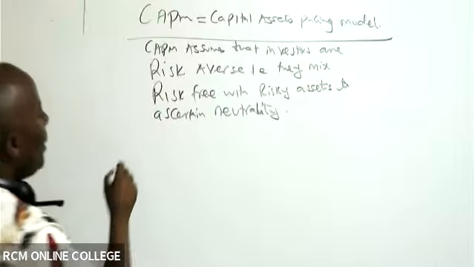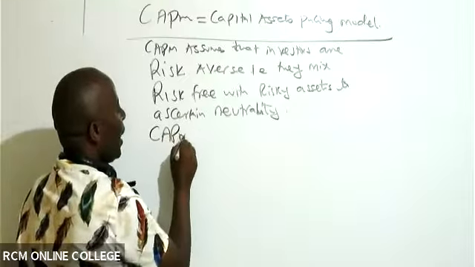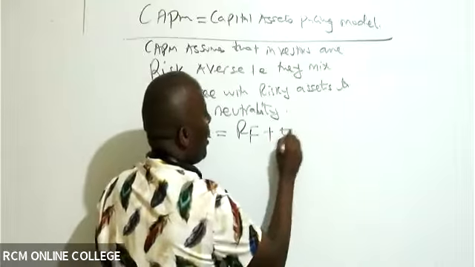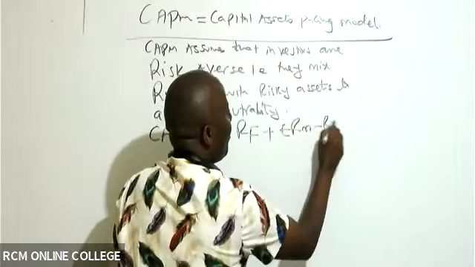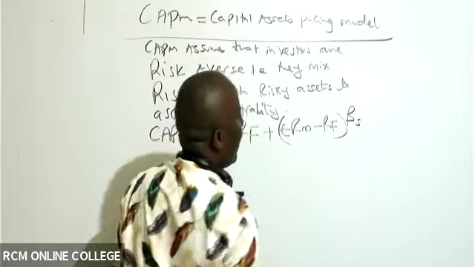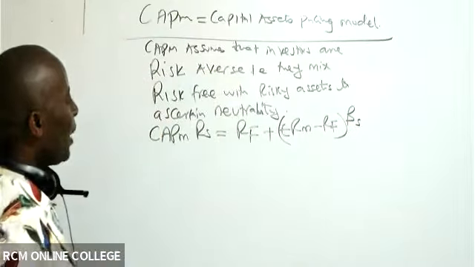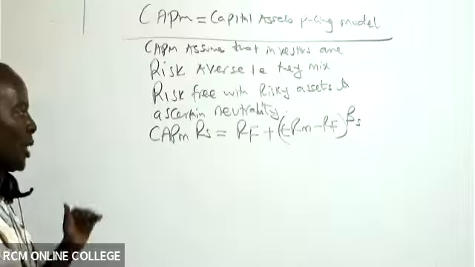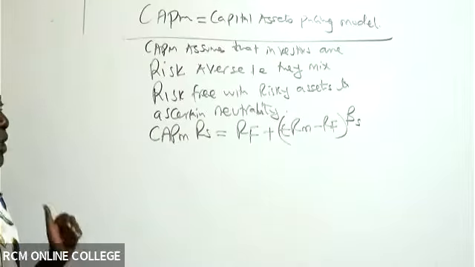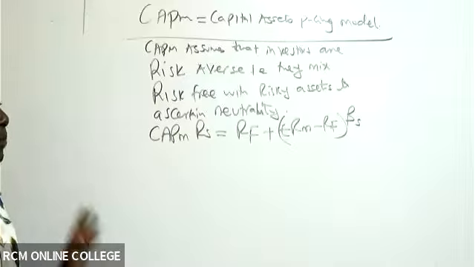And that is why we normally say CAPM returns equals risk-free plus ERM minus risk-free, multiplied by beta S. Write it that way. We have done this somewhere.